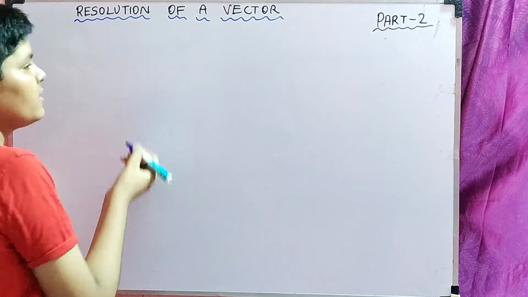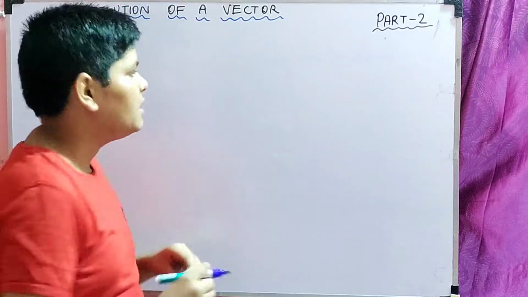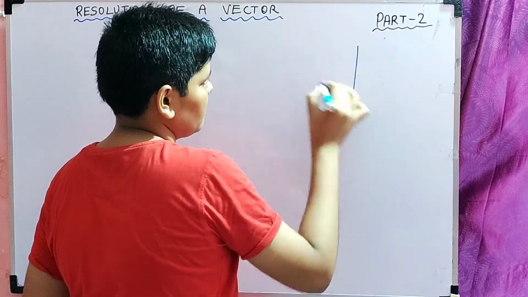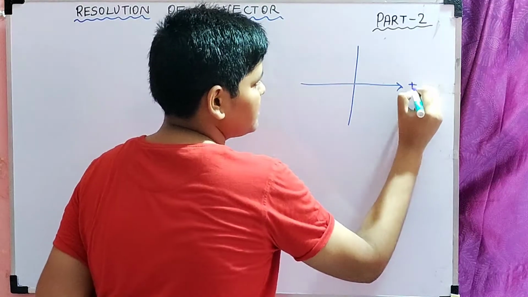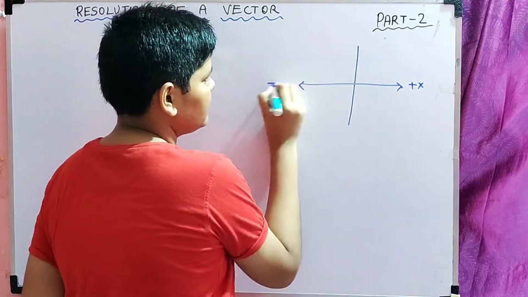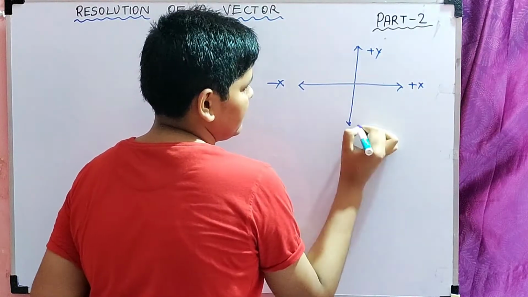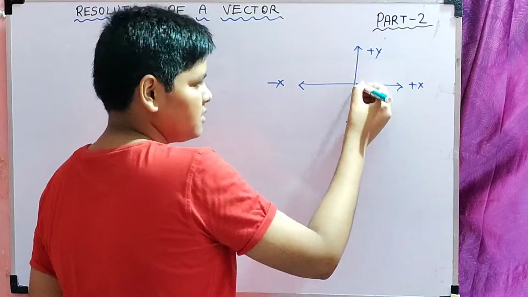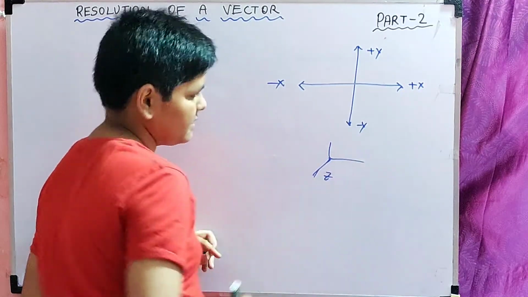Before moving on, you must know what a coordinate system is. Let us take this as a graph. Here this side is the positive x-axis, this side is the negative x-axis, this side is the positive y-axis, and this side is the negative y-axis. There is also one axis which is formed over here, called the z-axis.